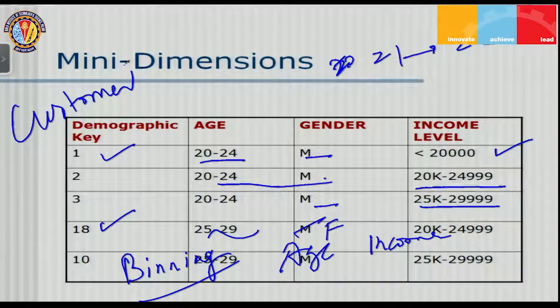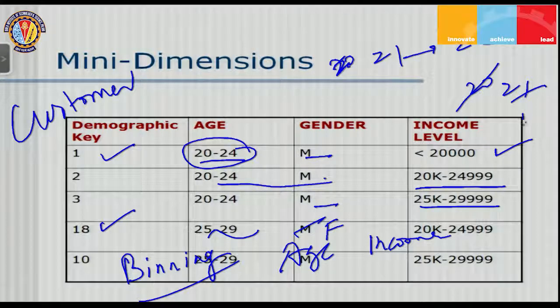Since I have a bracket here, there is no change happening at the individual customer level. If I had recorded age 20 and it had to be changed to 21, I would have to do a type 2 change and insert a new record. So only when the demographic key of a person changes do you need to record the change, or make a new record, implemented as a type 2 change.